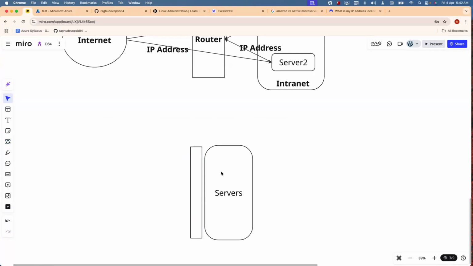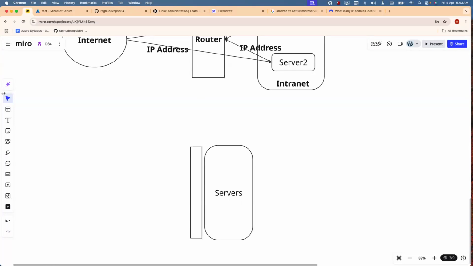So how can you tell which particular service you're trying to reach? There are 10 services running on this particular server. Now, how can you actually go to a particular service?